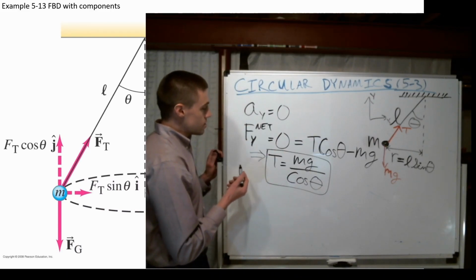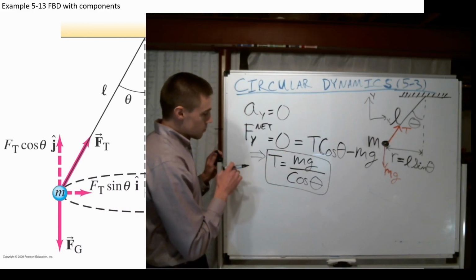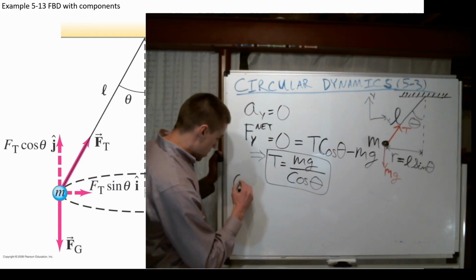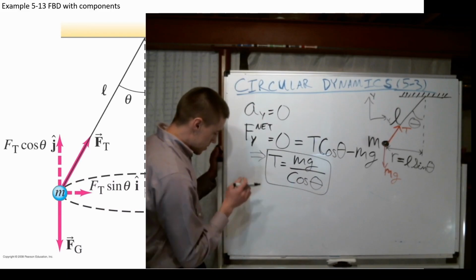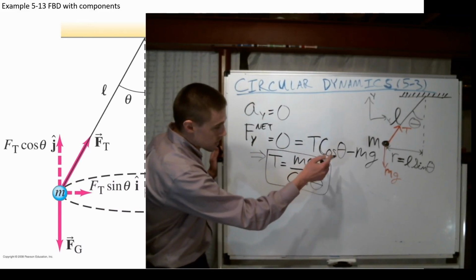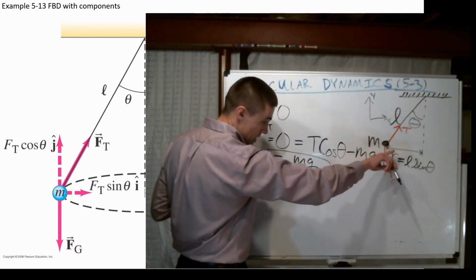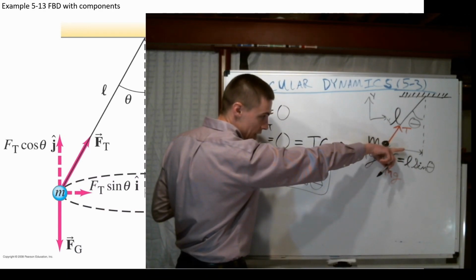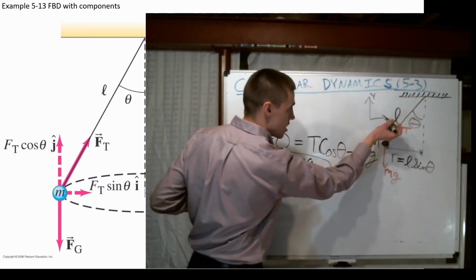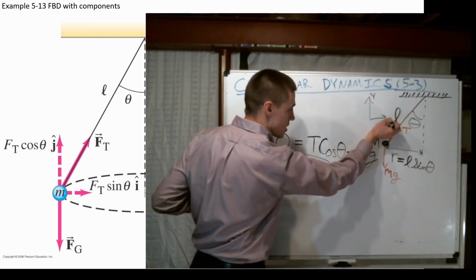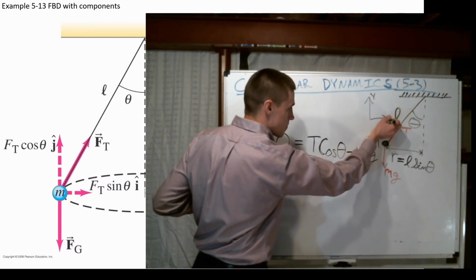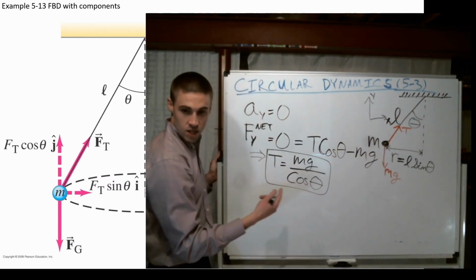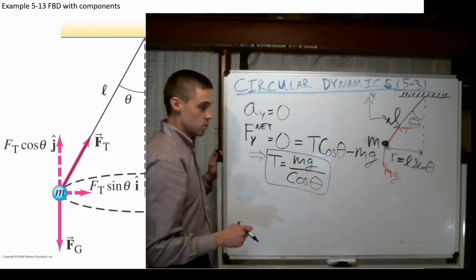Okay, what is the acceleration in the radial component now? What are the forces in the radial component? Note, I'm not going to use x per se, although at this snapshot here, the positive x direction is precisely the radial direction. And the magnitude of the radial force is not going to change as the thing goes around, because this is uniform circular motion.